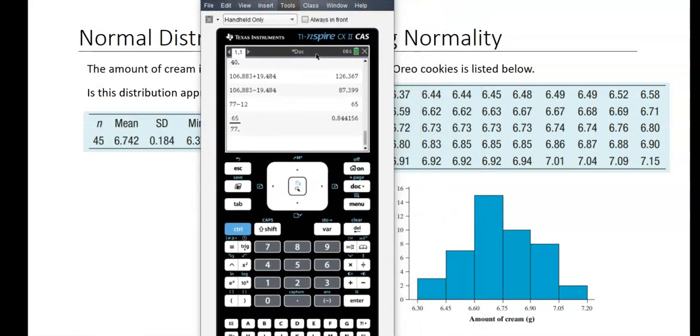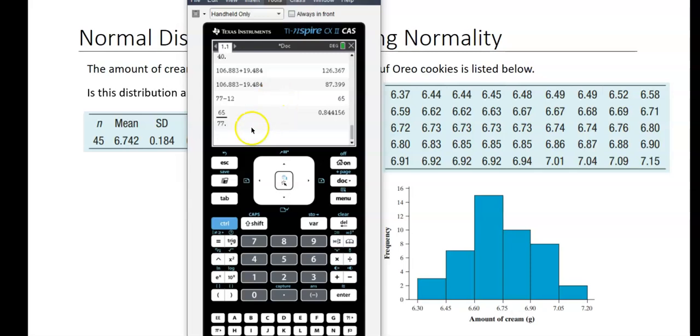So if we start with a mean of 6.742 plus a standard deviation of 0.184, and then minus the standard deviation of 0.184, that should be one standard deviation above and below. So how many of those numbers are bigger than 6.558?